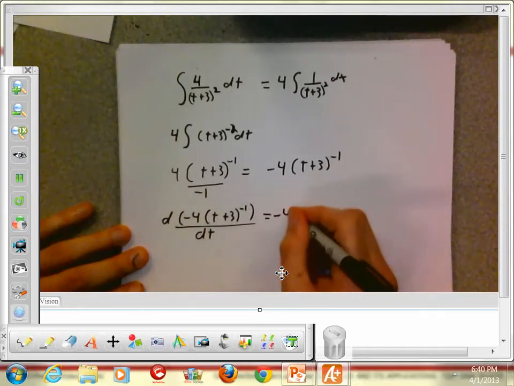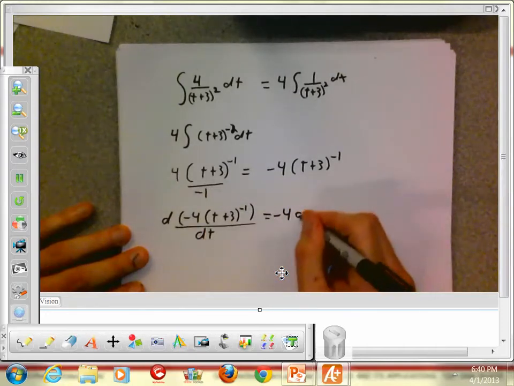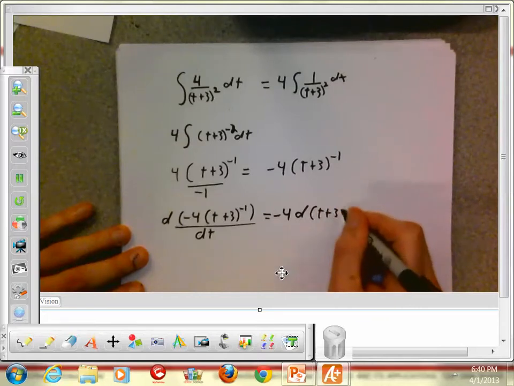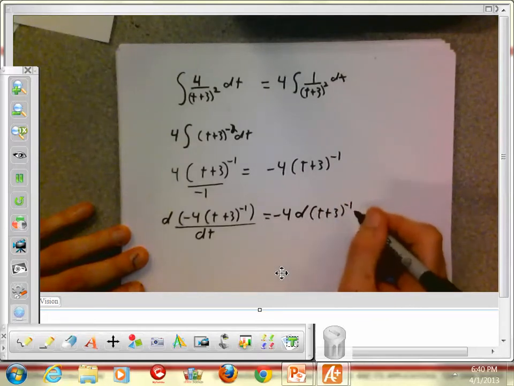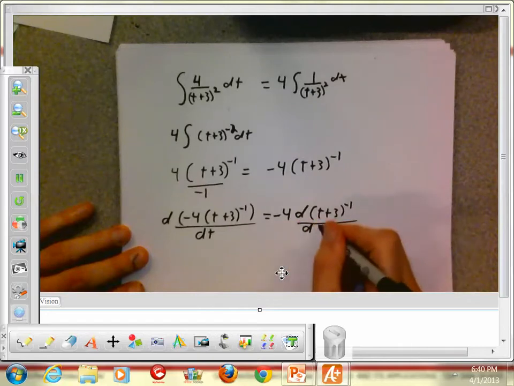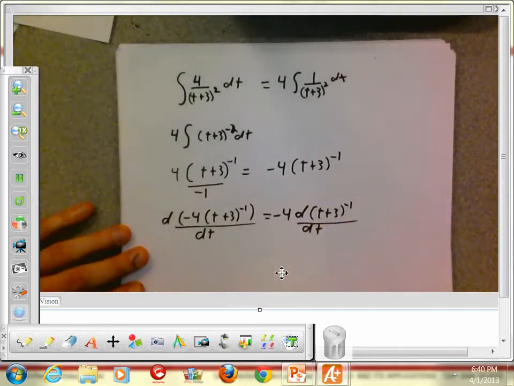So it's going to be -4 times the derivative of t plus 3 raised to the -1 dt, right? Now to find the derivative of this, I'm going to bring the -1 in front. I'm going to subtract 1 from my exponent and multiply by the derivative of the inside.